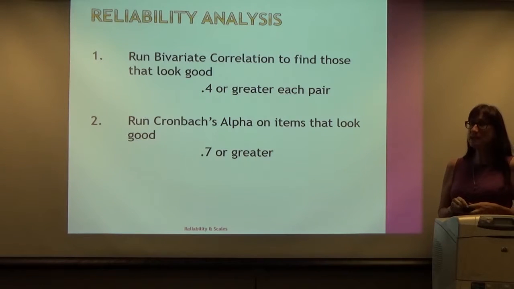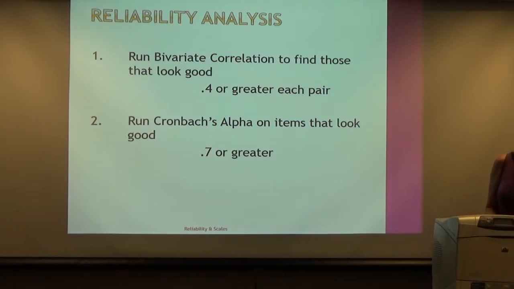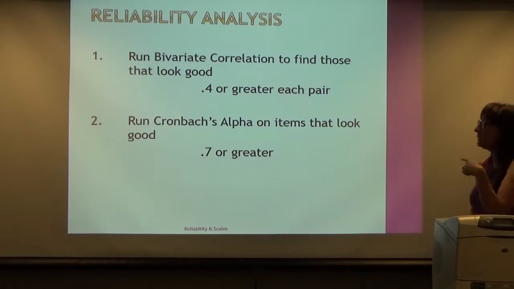And remember, we looked at extreme cases pairwise and listwise. Remember that? And the default is pairwise. So if someone did not answer both of these questions that are being correlated, they're thrown out of the run for that particular pair. But if we select listwise, it says the respondents have to have answered all 5 of these questions in order to stay in the run. Okay, so remember that? We'll go over that again.